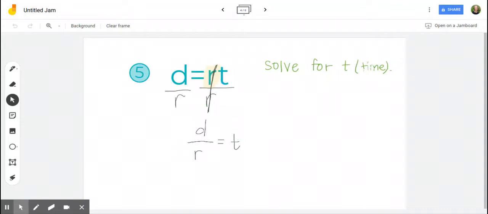It's isolated. Okay, and that's it. We don't have any numbers. Remember, we're not actually solving today. We're just practicing isolating today. And so you're done. Now, instead of solving for distance, like it said in the original equation, we manipulated it or changed it to solve for T.